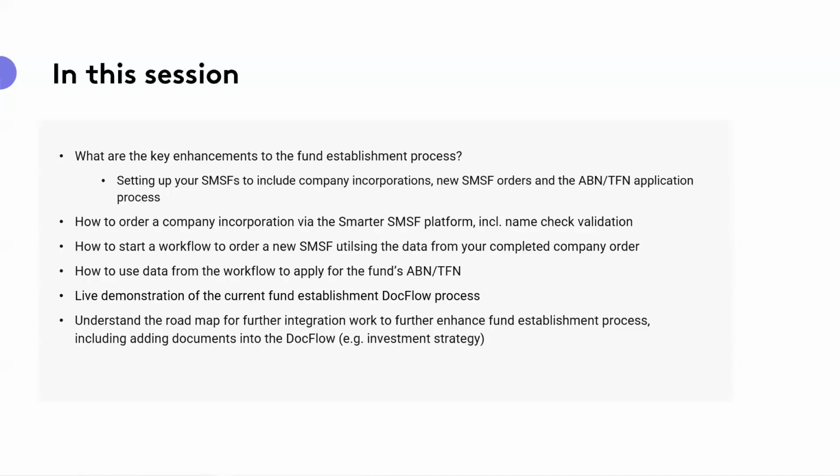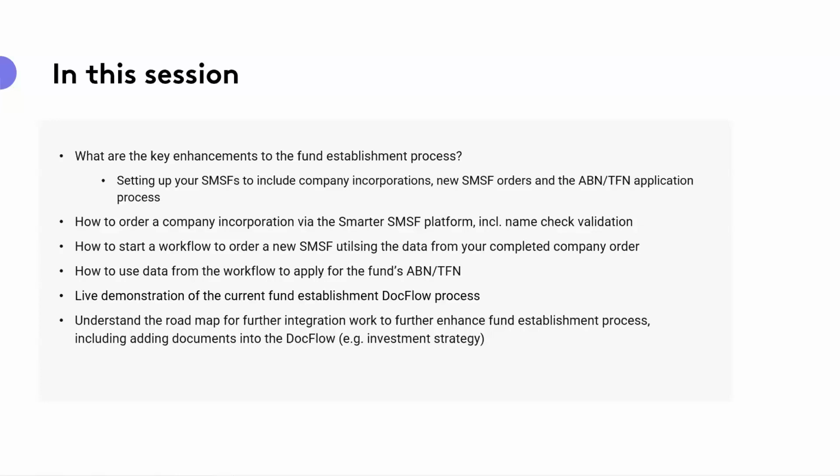And then the release of our ABN TFN to enable us again to use that data to effectively apply for that ABN TFN through the ABR and get your response message confirming whether that ABN has been issued or there is some delay around that.